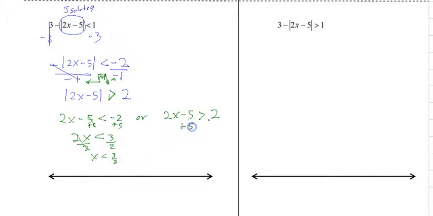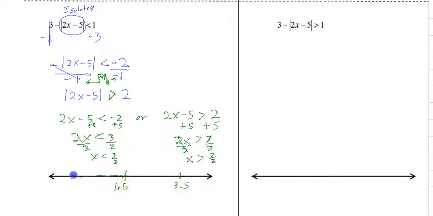Now let's see what the other one is. Okay, this one's 1.5, and this one's 3.5. So 1.5 and 3.5.